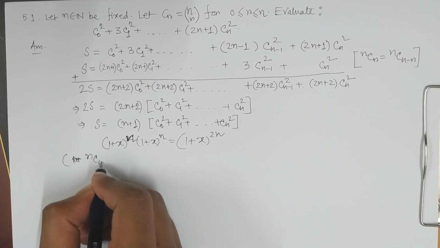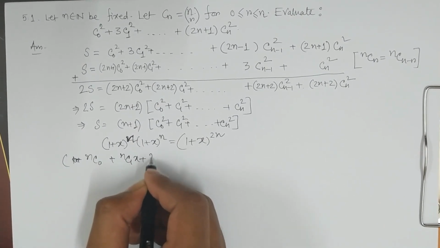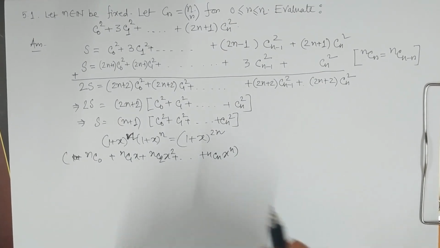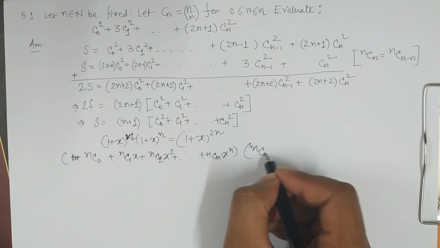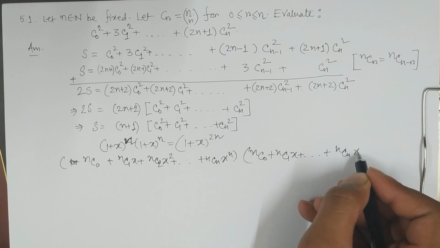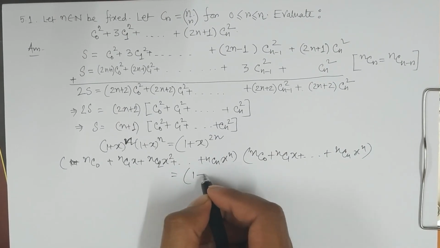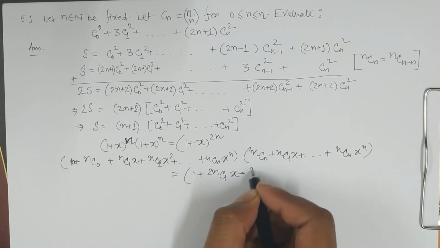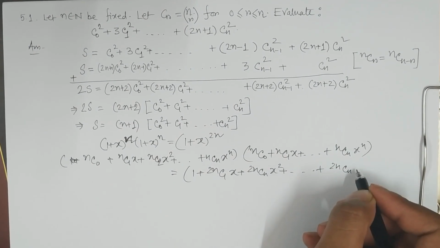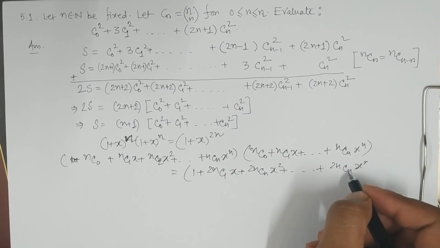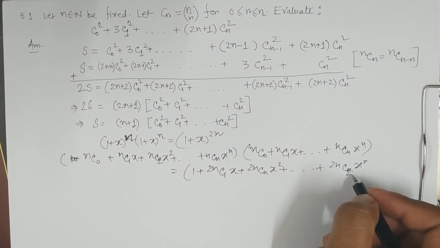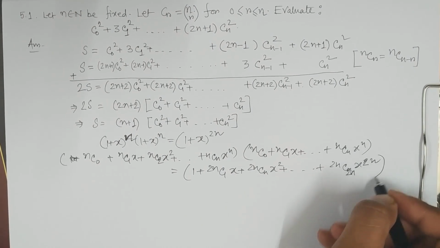It is basically nC0 plus nC1 x up to nCn x to the power n, and it is the same as the expansion of 1 plus x to the power 2n, which is up to 2nC2n x to the power 2n.